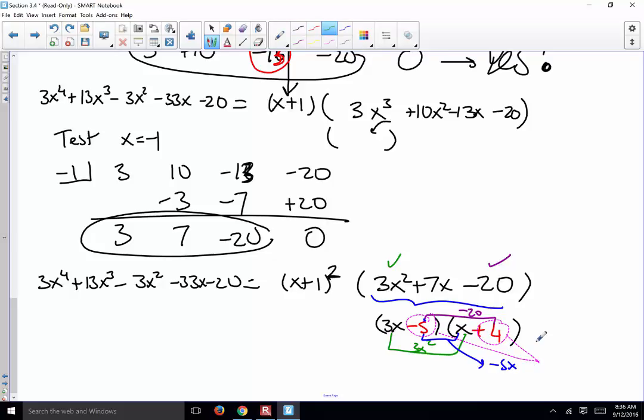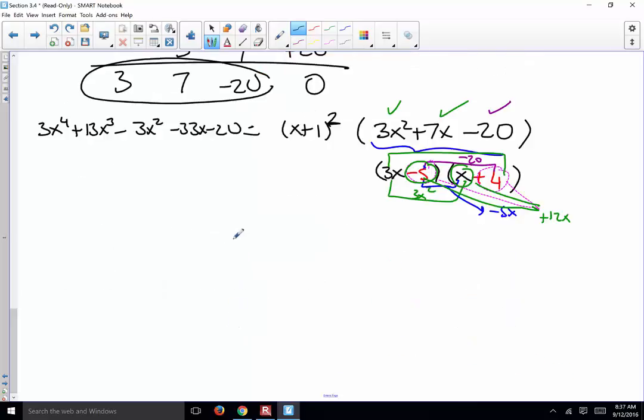Oh, I forgot the outside terms. 3x times 4 is 12x. 12x plus minus 5x is plus 7x. Yeah. When I FOIL it, it matches. So you guys found those two missing pieces without the quadratic formula. Great.